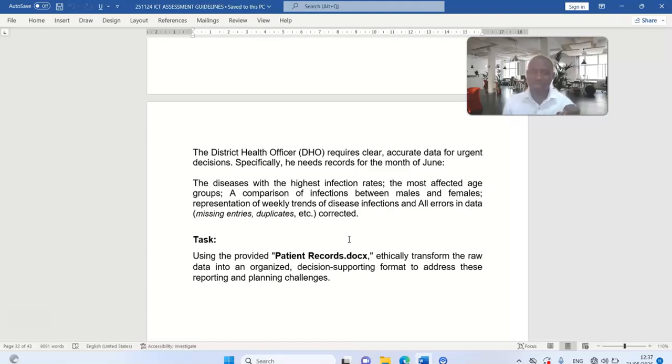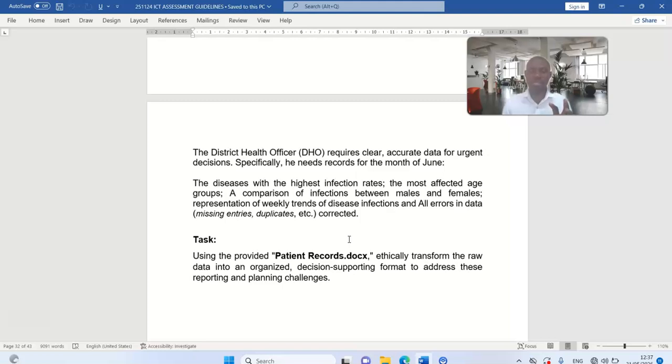A student that will show the diseases with the highest infection rate must know how to use maximum and minimum functions in Excel. The most affected age group, that means the student must know how to use the maximum formula. And for duplicates, a student must know how to remove duplicates in Excel.